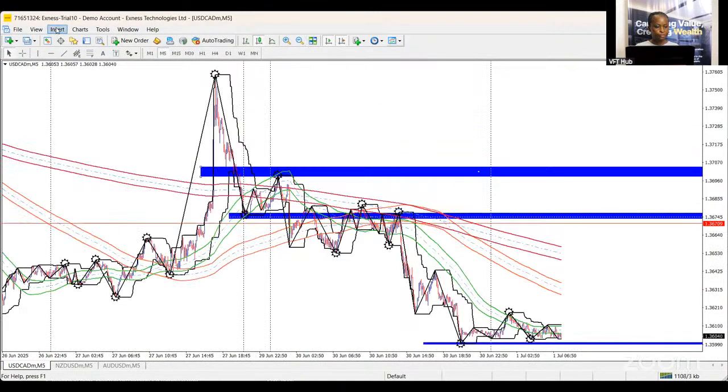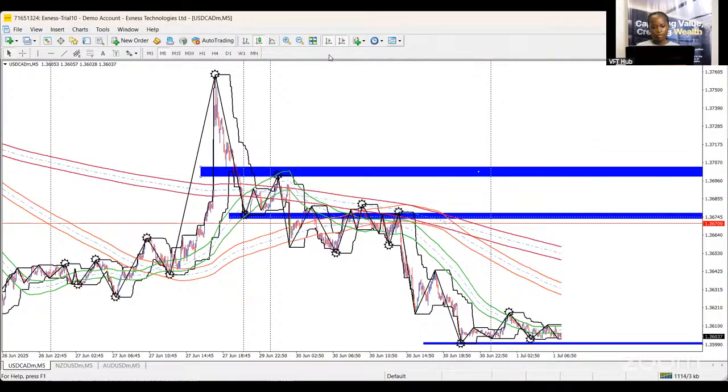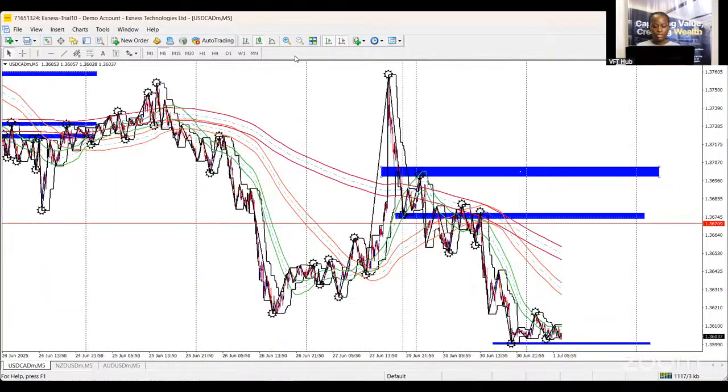All right, so these are the levels we're watching out for. Price, come, find resistance, hit resistance, give us confirmation. We'll be looking for continuation of the sell of this particular asset class.